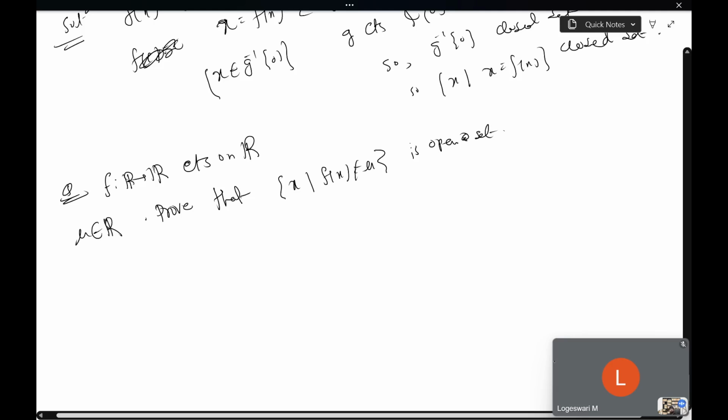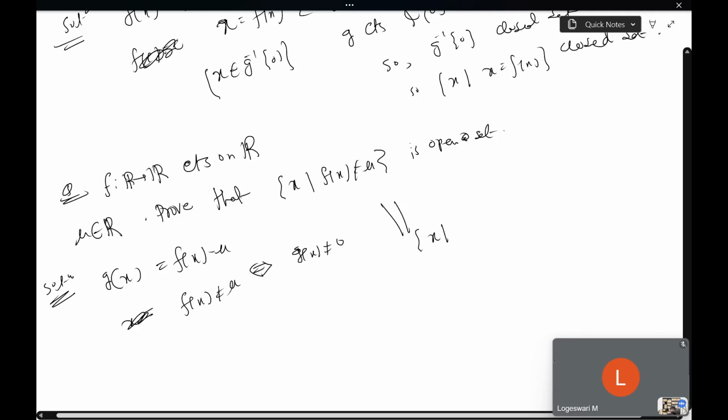So define a function g(x) equal to f(x) minus mu. Now f(x) not equal to mu if and only if g(x) not equal to 0. So this is essentially those x that are not in g inverse of 0.